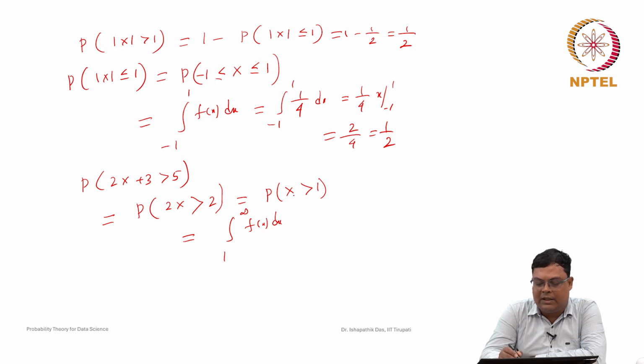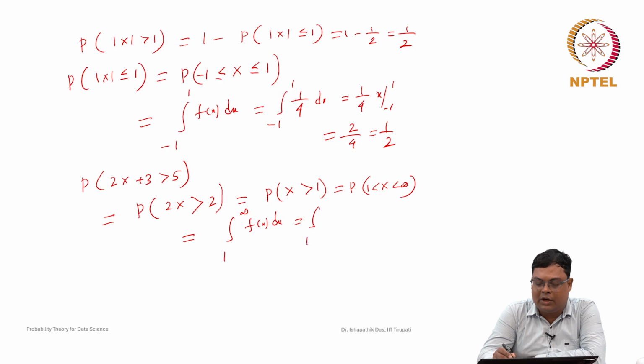Whenever a side is not mentioned, we take it as minus infinity or infinity accordingly. So x is greater than 1 and less than infinity, which is why it is 1 to infinity fx dx.